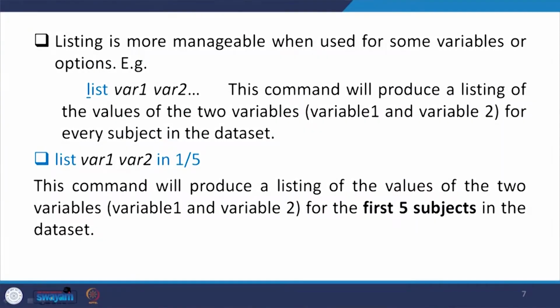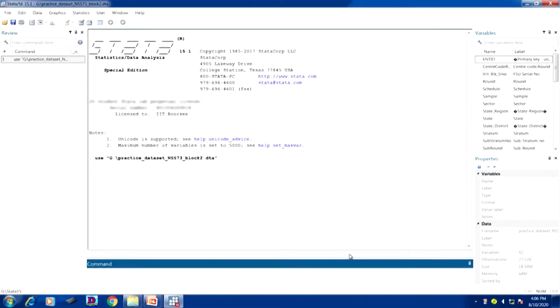Let me operate it for you. What we have dealt with so far is understanding some portion of our data, let it be 1/5. I am deliberately opening Stata once again to show you how 1/5 is displayed in the command and why it is important. So I will type list, then 2 variables, then in 1/5.